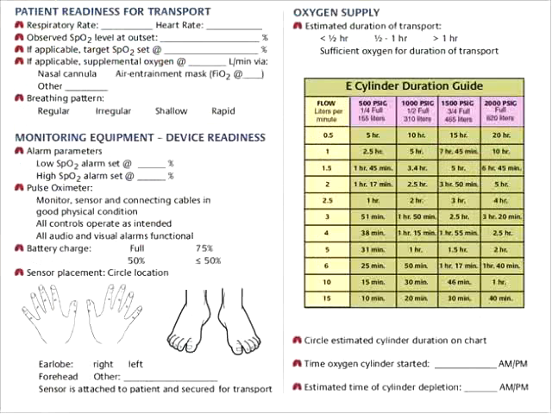Then we had decided that it would be important to have a monitoring device readiness section as well. Alarm settings would be included, whether the pulse oximeter components were in good shape, and that all the controls on the oximeter, if that's what was being used, were actually working and that the audio and visual alarms were functional.